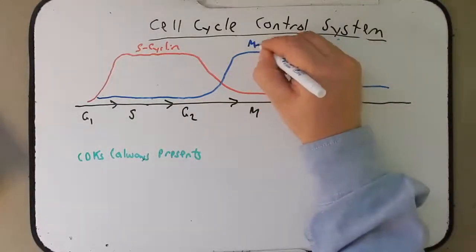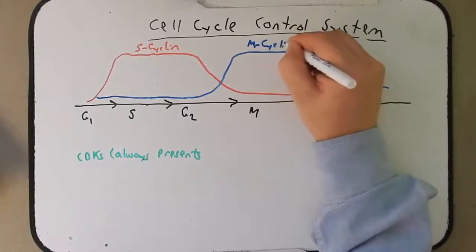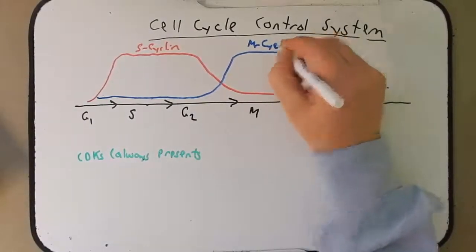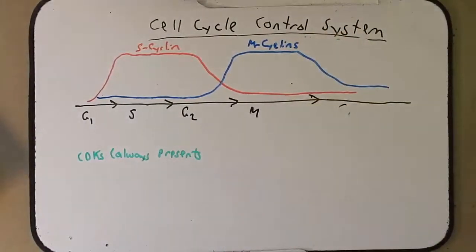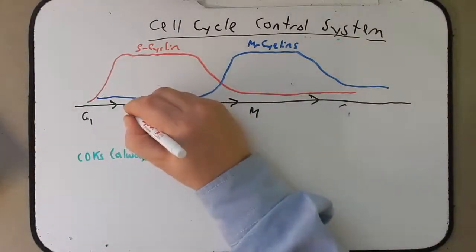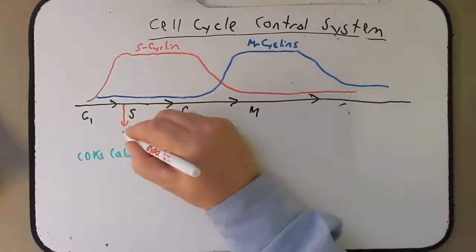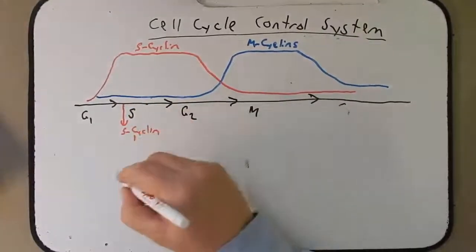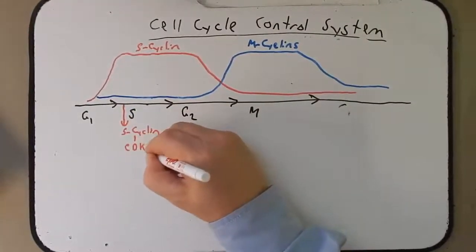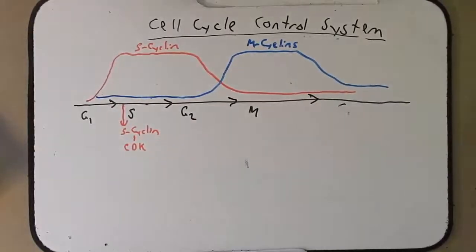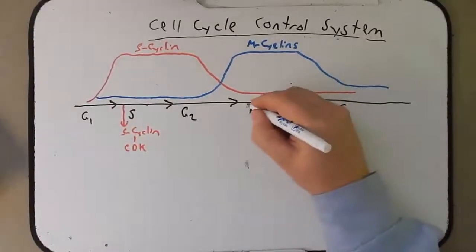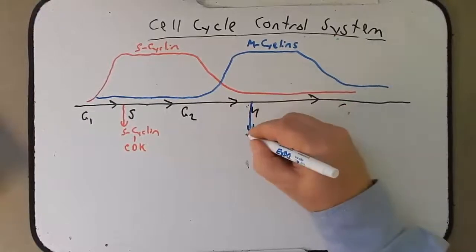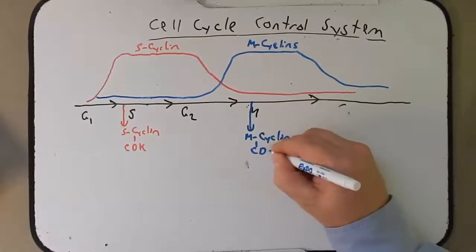So these are M cyclins, cyclins that are specific for M phase and the M phase checkpoint. So I should draw here that during S phase, this S cyclin will activate the specific CDK and it'll remain active during S phase. And then during M phase, when that checkpoint is needed, the M cyclin will activate the CDK.